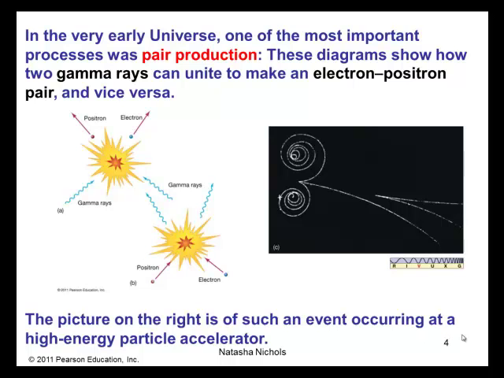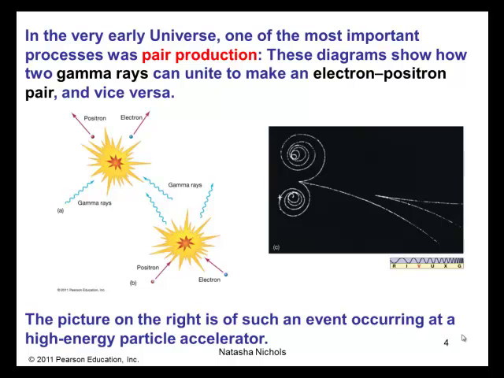So let's take a look at frame A. Two photons can produce a particle-antiparticle pair, in this case an electron and a positron, if their total energy exceeds the mass energy of the particles produced. And in frame B, the reverse process is particle-antiparticle annihilation, in which an electron and a positron destroy each other, vanishing in a flash of gamma rays.